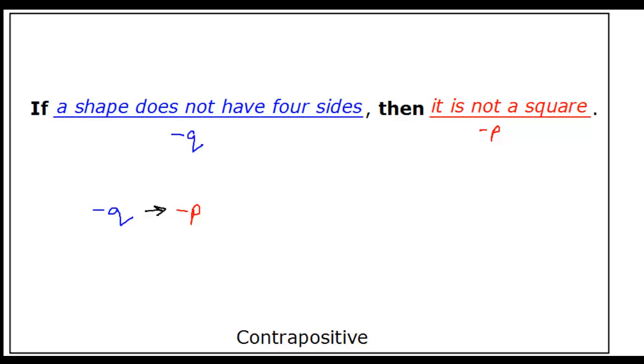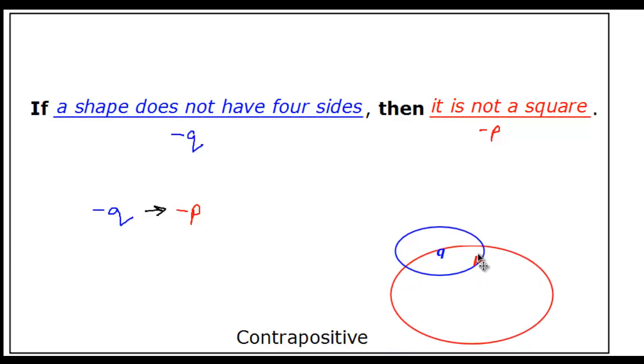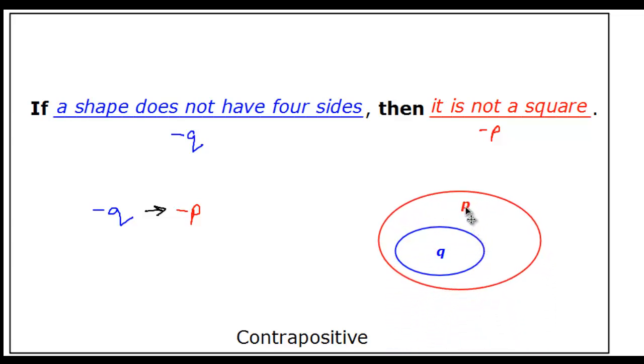Let's see what that Venn diagram looks like. So our hypothesis, our Q, that's our kind of conditional part. That's the part that we really care about. Then I put my conclusion, my effect.